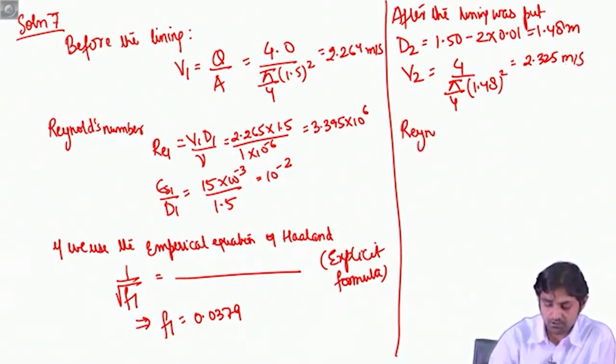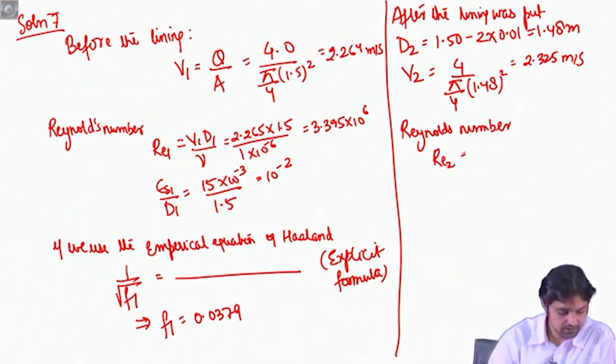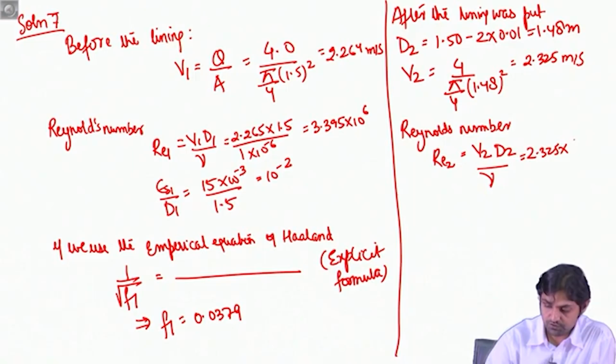Corresponding Reynolds number, RE2 as we call it, is V2 D2 by nu. So, 2.325 into 1.48 divided by 1 into 10 to the power minus 6.